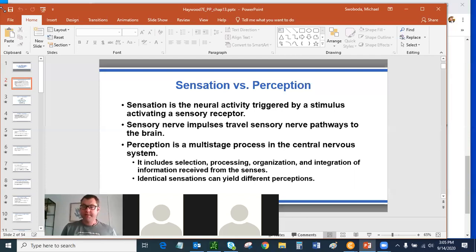It may not be correct, but you've heard the saying perception is reality. If you were to shoot at a fish in the water exactly where you saw it, you would miss it 100% of the time because your perceptions are wrong. Your visual perception is telling you that the fish is right here, when in actuality, because of that light refraction, it's down there. So does that kind of make sense?